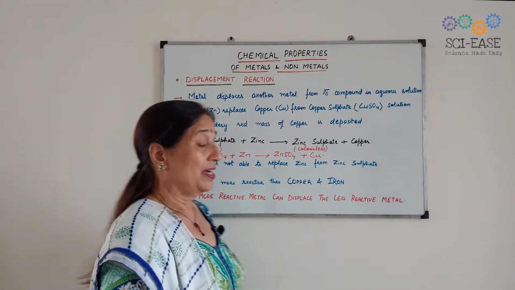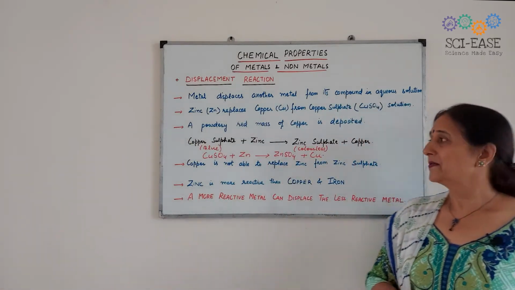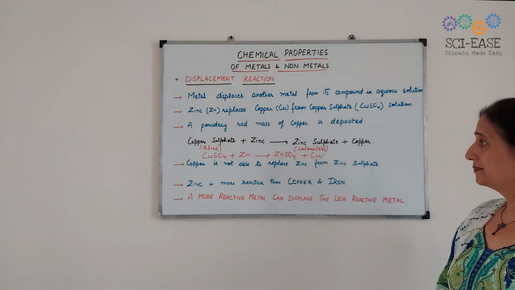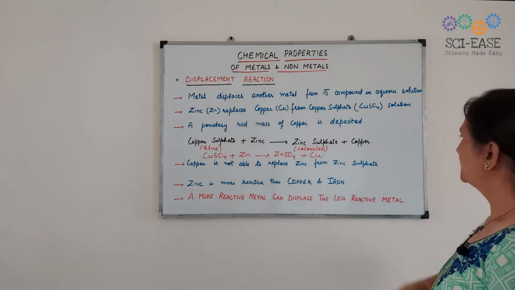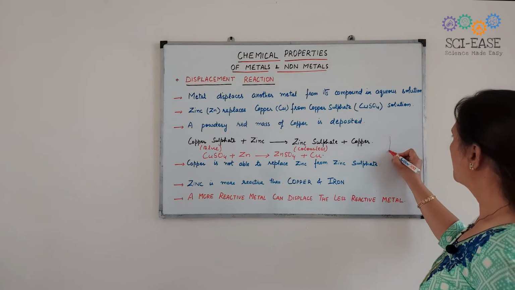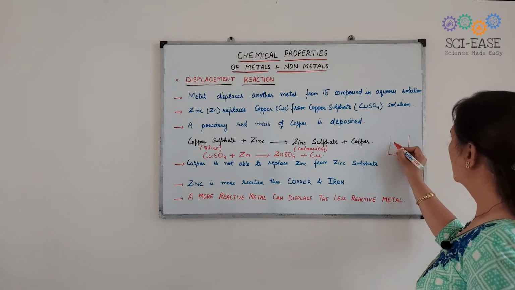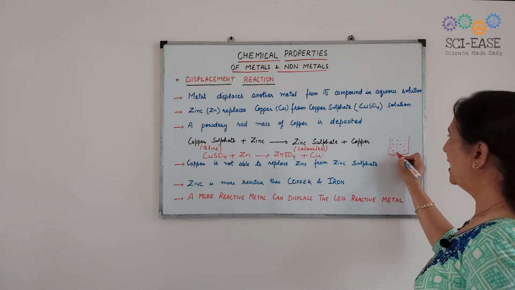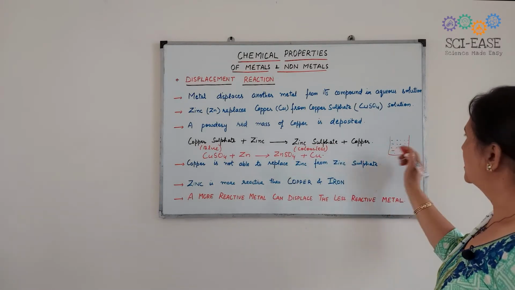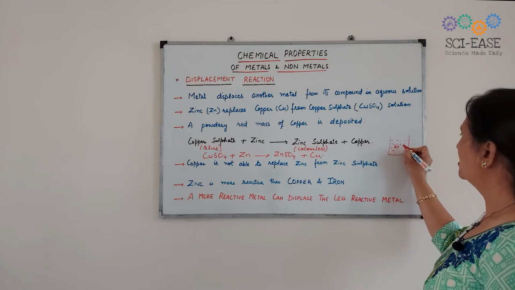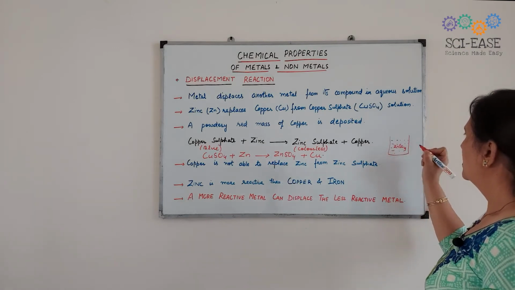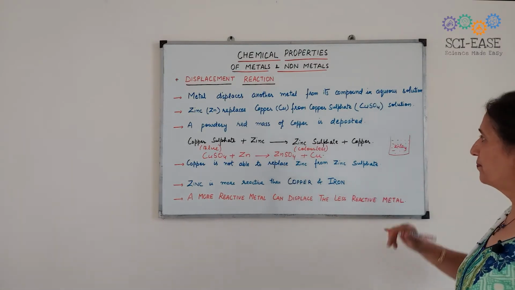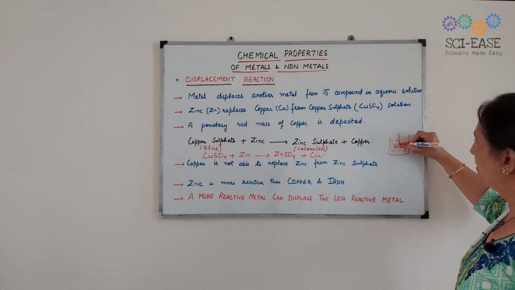Now, I want to tell you one thing: can the reverse reaction take place? Now, I am taking this beaker and putting water in it and then dissolving zinc sulfate in it, so that the solution will become colorless, and it is zinc sulfate solution. Put a copper rod in it.